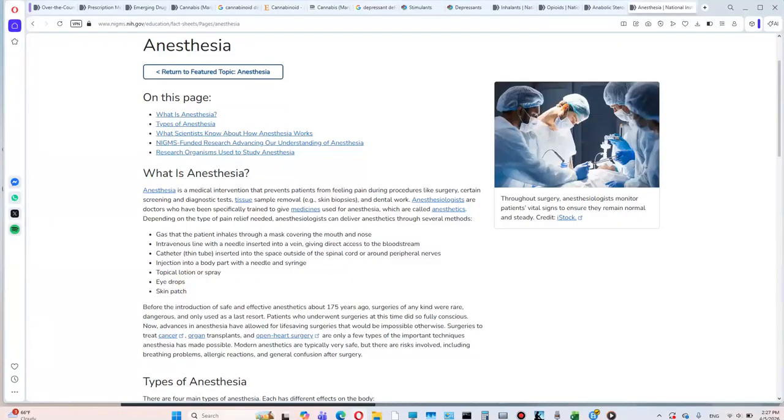Depending on the type of pain relief needed, anesthesiologists can deliver anesthetics through several methods.